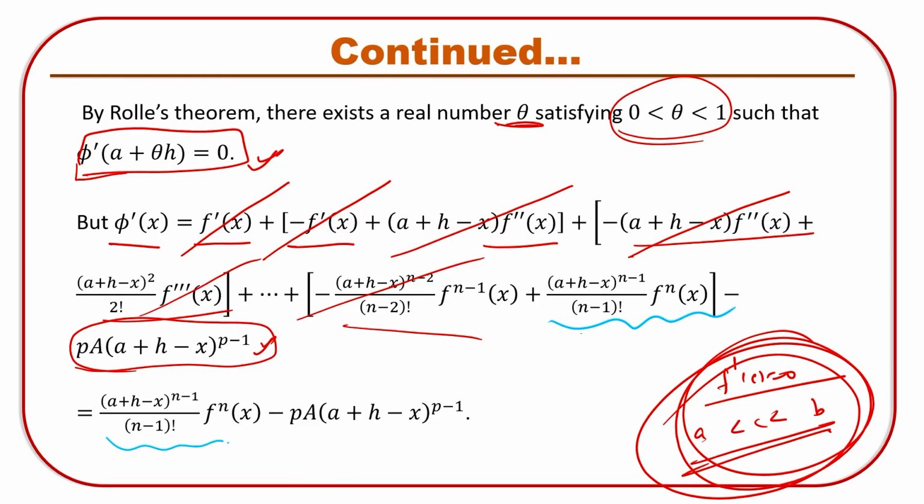These two terms are the only ones that remain, which are not going to cancel each other out. So, phi dash of a plus theta h equal to 0, putting the value of x equal to a plus theta h here, gives a plus h minus (a plus theta h), so a cancels out, h minus theta h.